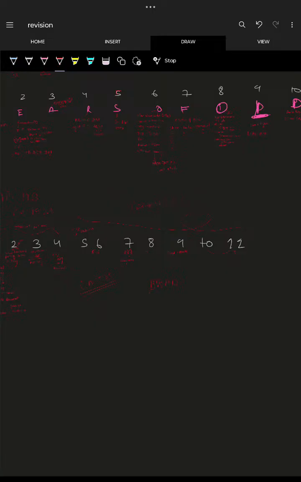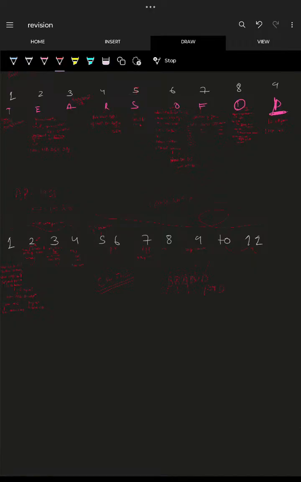BRAND is birth, registration, acquisition of citizenship, naturalization, descent and removal. Then RTD: this is termination, renunciation and deprivation. Compulsory termination if you do some bad stuff.